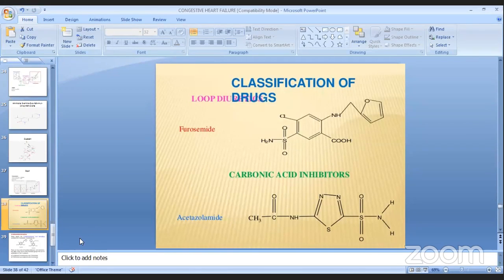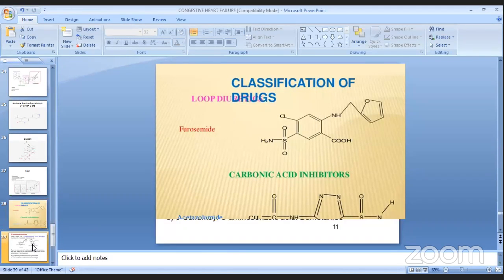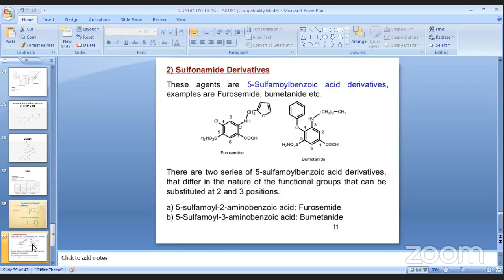Acetazolamide is not at all used. So of this type of drug, furosemide and bumetanide are the drugs used. But what is the difference between furosemide and bumetanide? Bumetanide and furosemide structures are more or less similar, but the difference is that in the three position, there is one amino group, and a butylamine group is there.